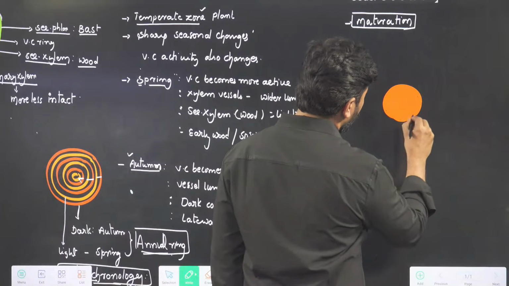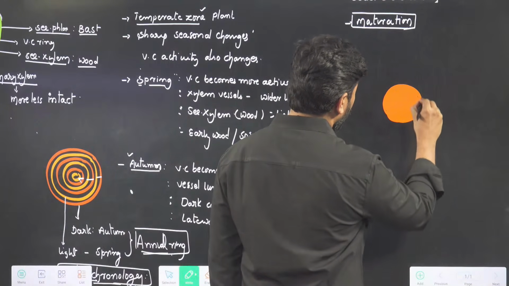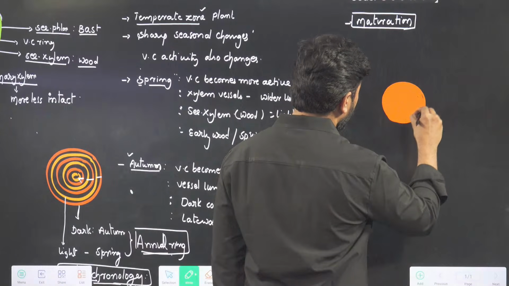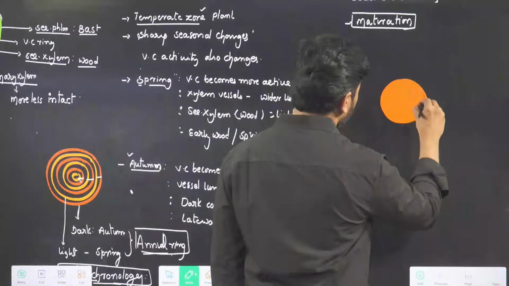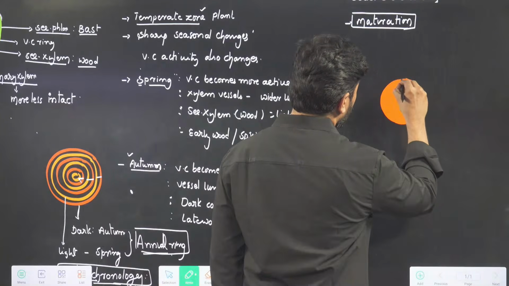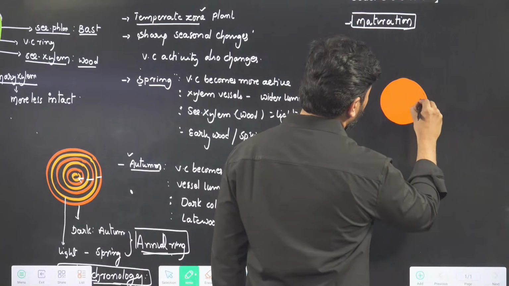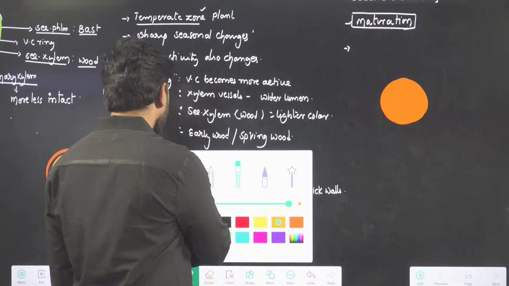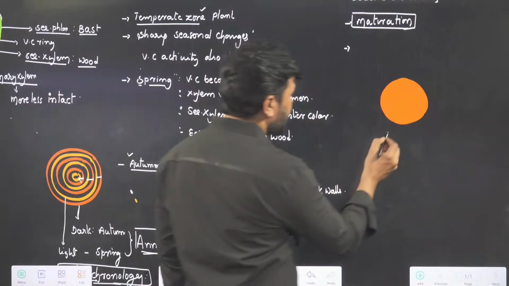This could be seen in both tropical climate as well as subtropical climate. In the center the wood is going to become very dark in color, but peripherally the wood becomes light in color.